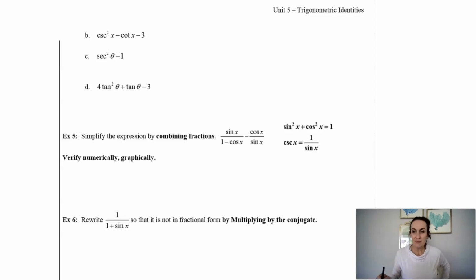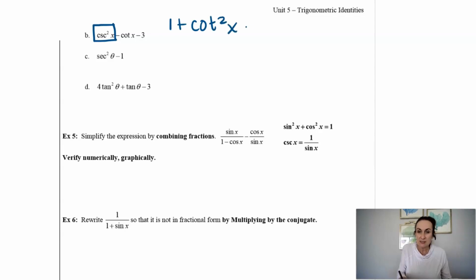So here is 5.2 continued, and in this first example, we're going to look at how we can take cosecant squared x, and we want to change that so the whole expression is in the same trig function. So we're going to take cosecant squared x, and we're going to use the Pythagorean identity, and we're going to change it to 1 plus cotangent squared x.